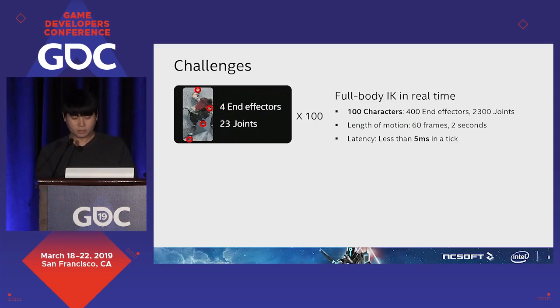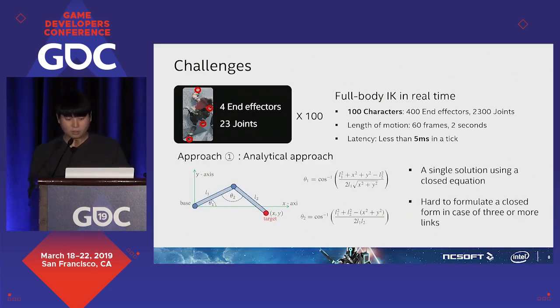So the first thing we need to do is to determine the right approach to the IK problem. There are 2 commonly used approaches: analytical approach and numerical approach. Analytical approach is cost efficient, but it is difficult to express the full body IK in a general form, and it generates limited range of motions.